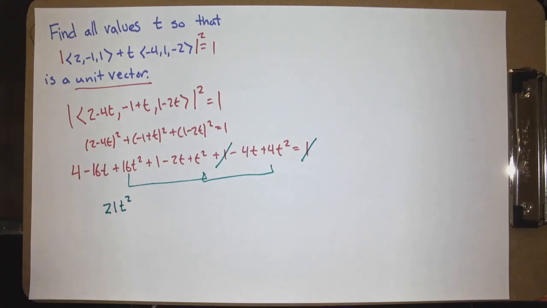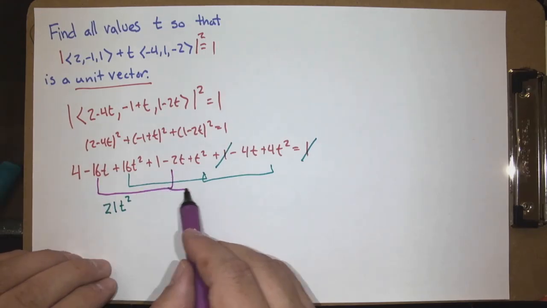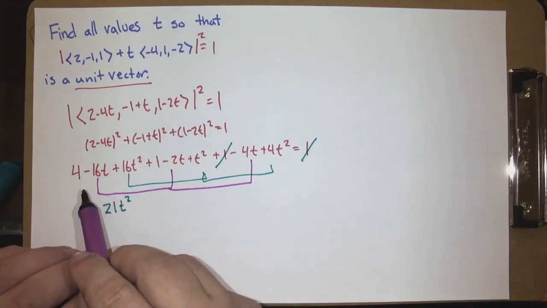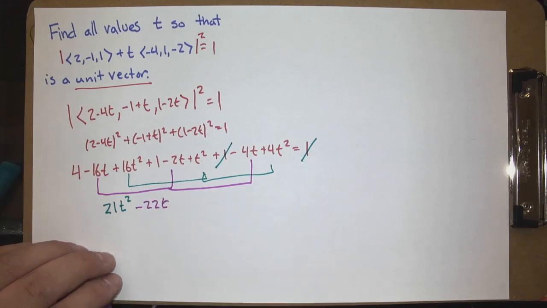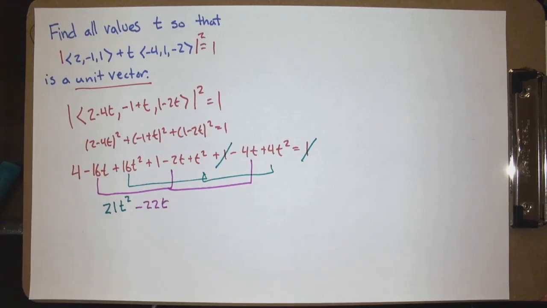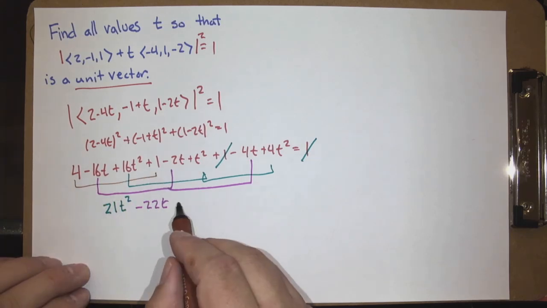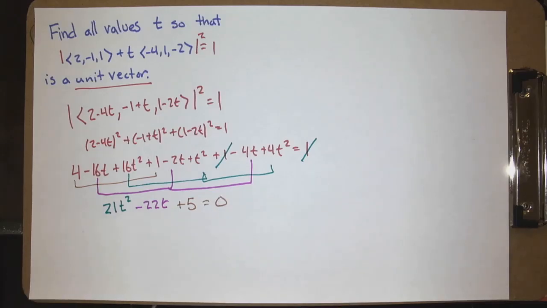And then we say, okay, what else do we have? Well, we have a minus 16t, minus 2t, minus 4t. And if we put those together, that's going to be minus 22t, I believe. And then we have the constants. And we canceled one of them. So that leaves us with a plus 5. So 21t squared minus 22t plus 5 equals 0.